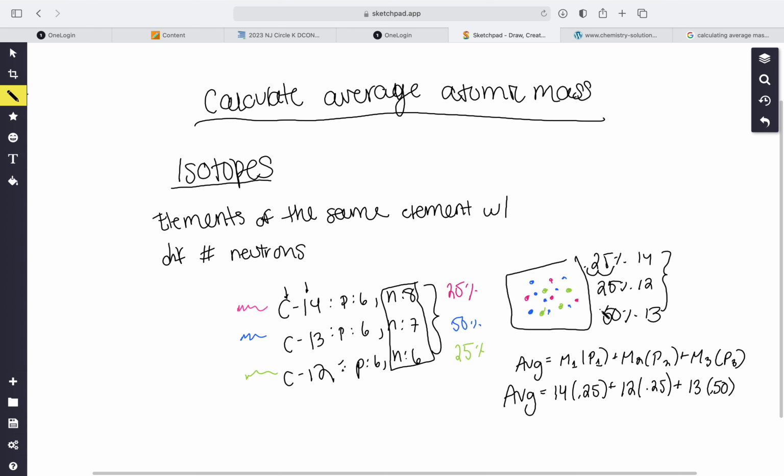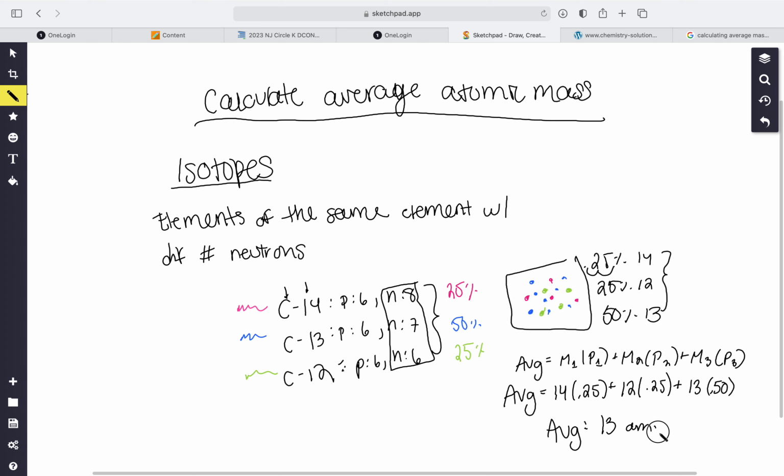You put that into your calculator: 14 times 0.25, plus 12 times 0.25, plus 13 times 0.50. The average is actually going to be 13.